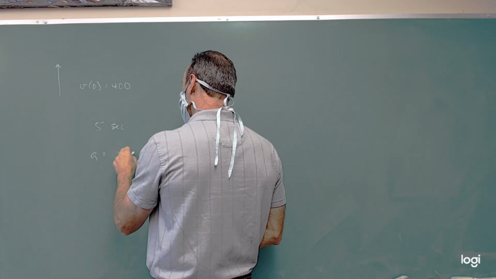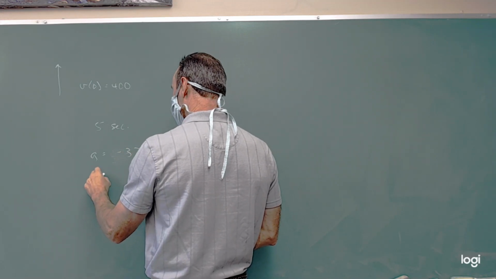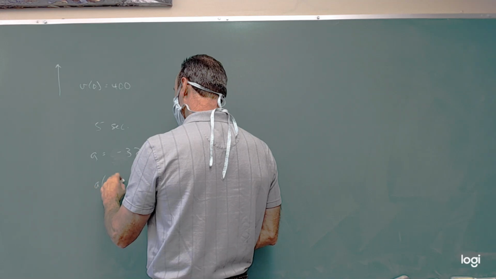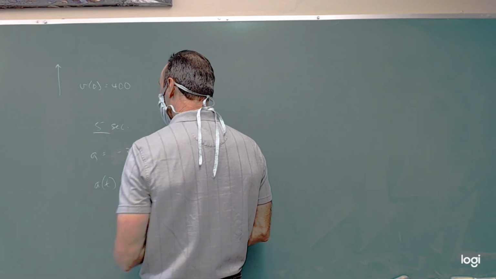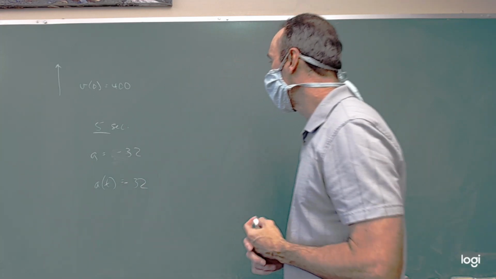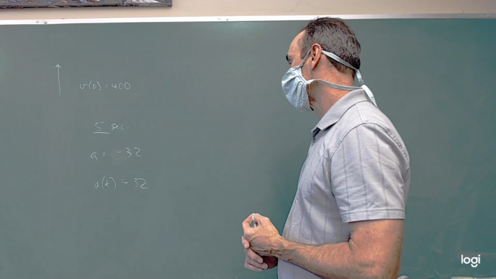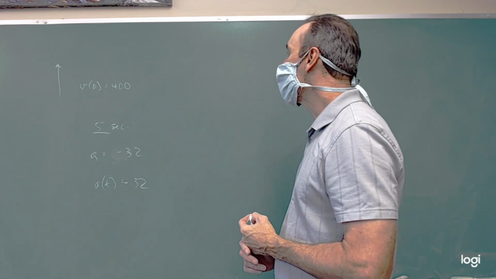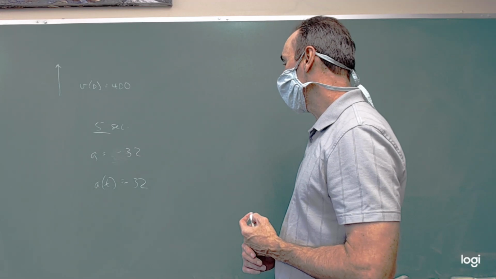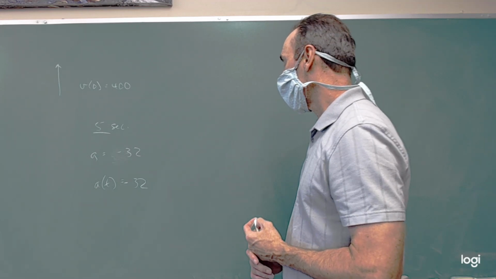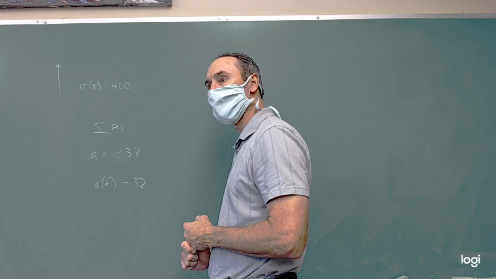So it's really a negative 32. Yeah. So that's our acceleration, right? And we're trying to approximate the upper estimate. So we are going to integrate this to get velocity, I believe.